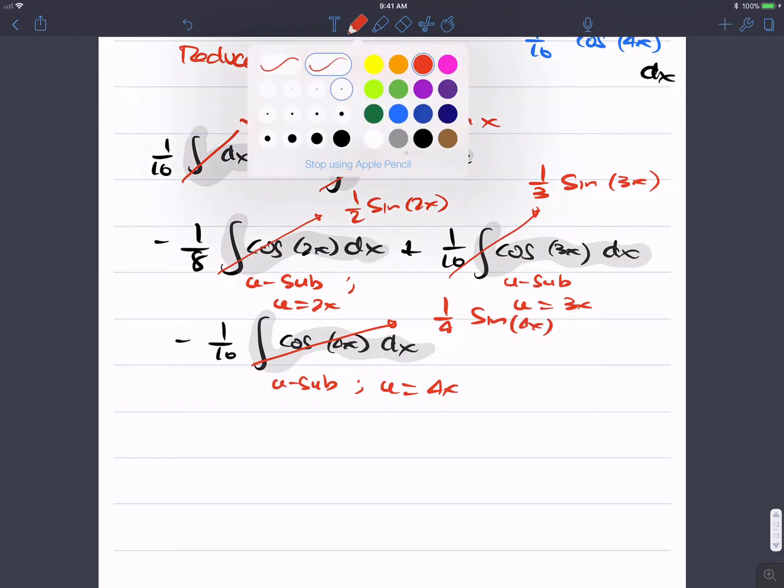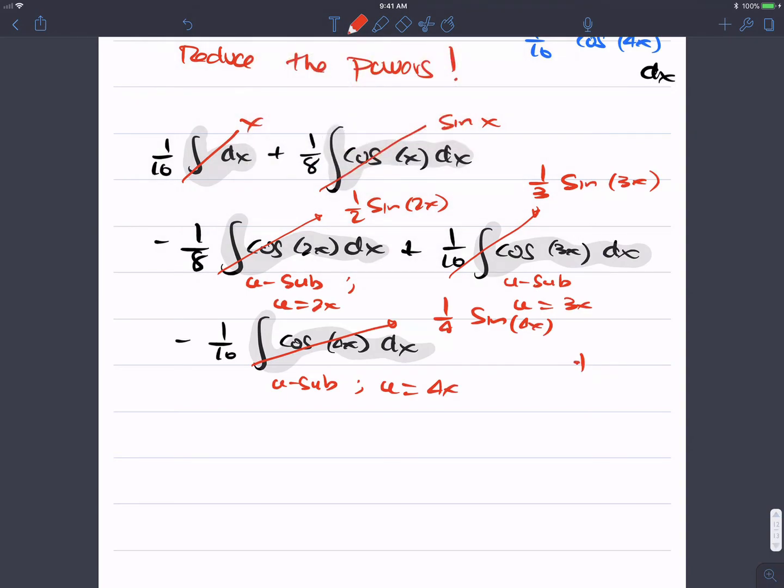And yes, there'll be plus a constant, so maybe I'll put that out here, plus your c.